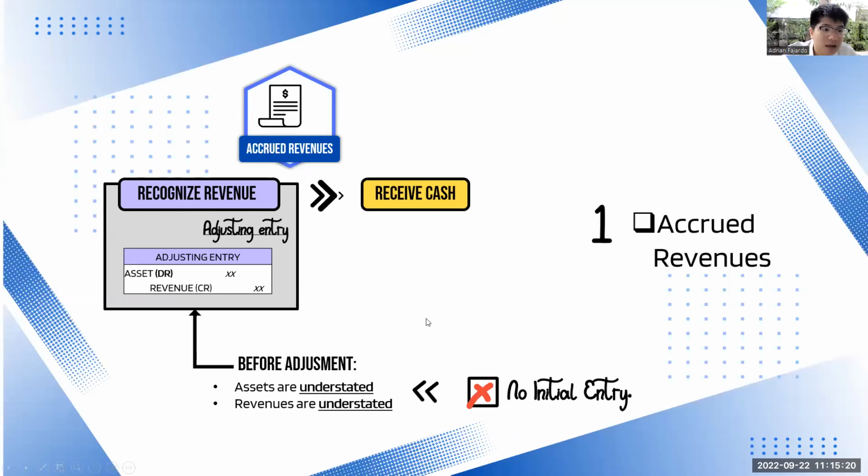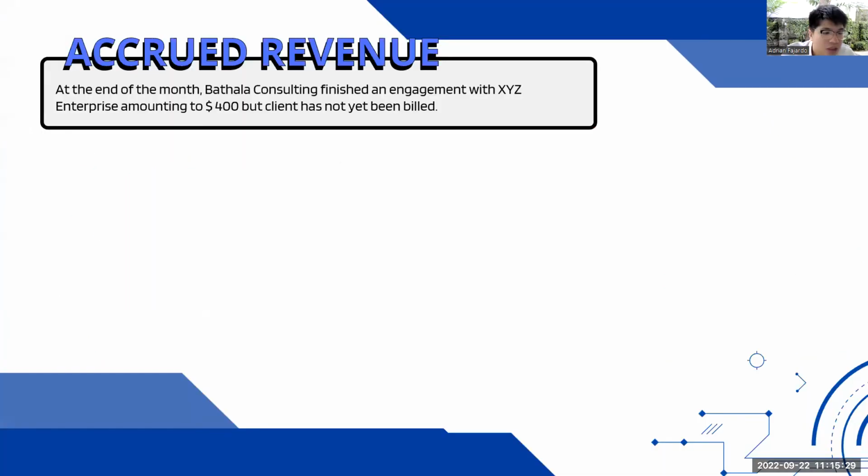So let's look at it from an example perspective. For accrued revenues, the classic example would be accounts receivable, right? So let's look at this example. At the end of the month, Bathala Consulting finished an engagement with XYZ amounting to 400, but the client has not yet been billed. So since hindi natin na-bill, we know na hindi pa yun na-record ever in the accounting period.